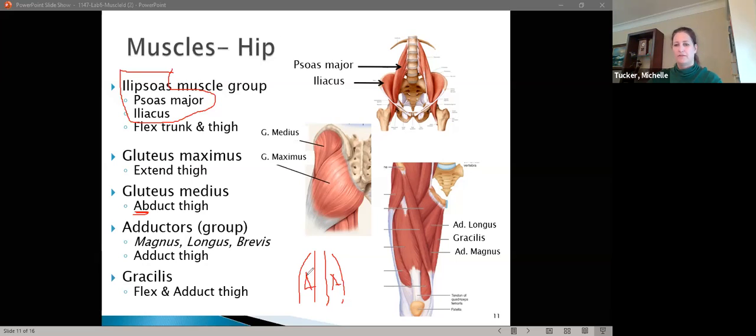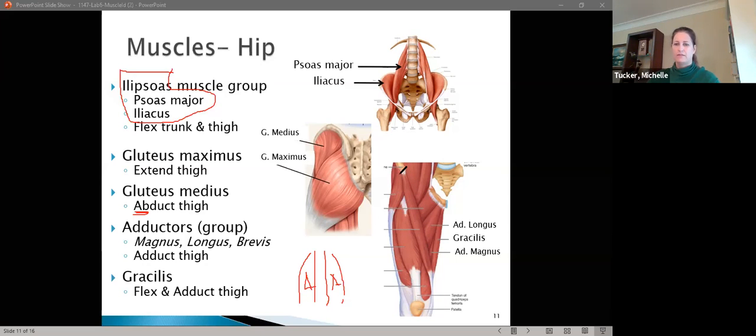Do not confuse this. This is sartorius. Sartorius is the longest muscle in the body, and it is going to be able to rotate and flex. You can see because it runs crossways from the hip down to the medial aspect of the knee. For some reason, students like to confuse sartorius and gracilis, I think because they're both relatively long muscles.